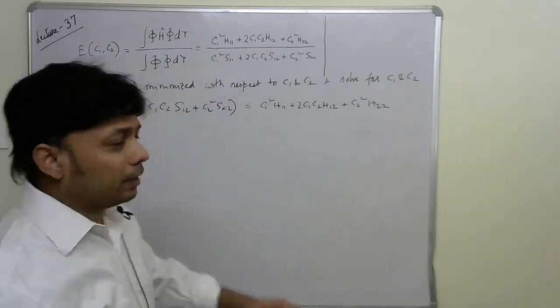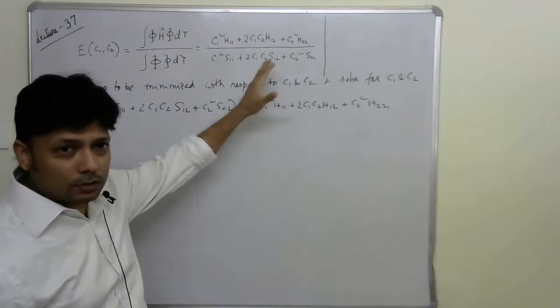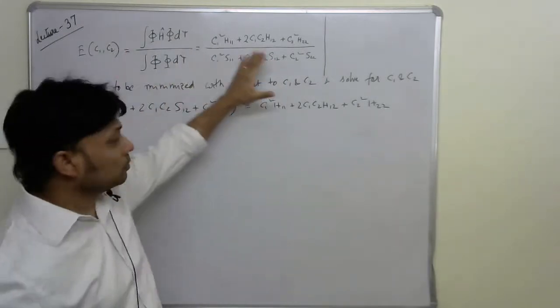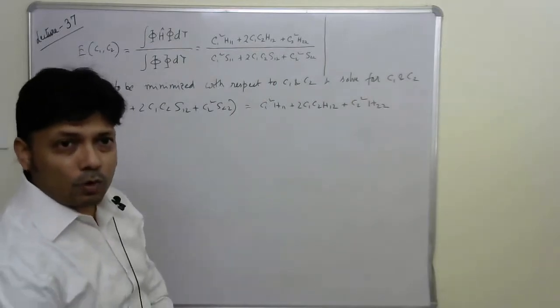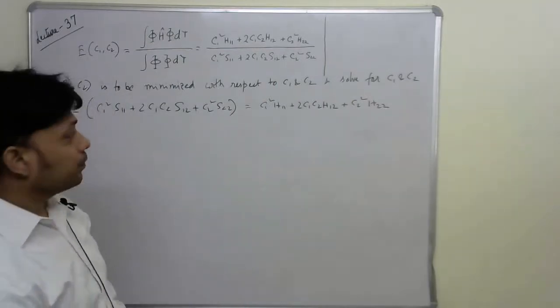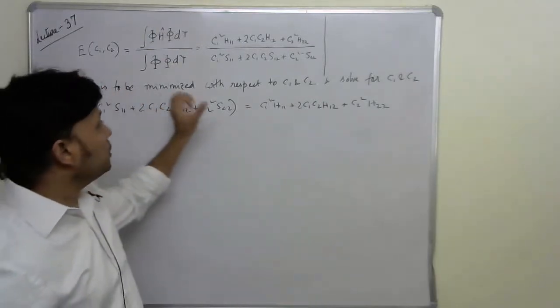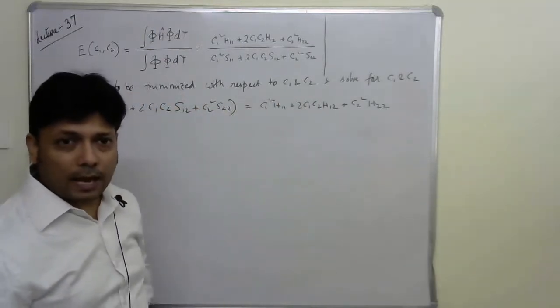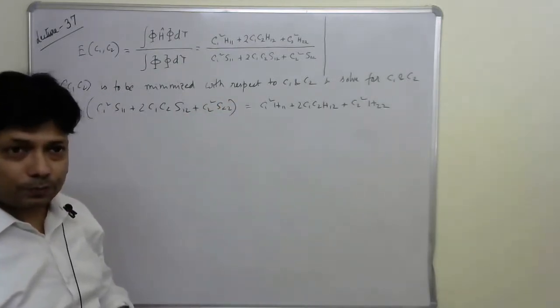So, in continuation, I have written this equation. What we have found is the expression by assuming phi is equal to C1 F1 plus C2 F2. Now we see that the energy has to be minimized with respect to C1 and C2, and then we have to solve for C1 and C2.